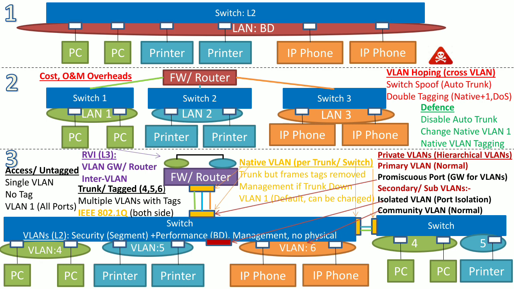And we can also enforce the native VLAN tag on the trunk port. It means that both ports on both sides of the trunk link will now expect that the traffic, even that destined for the native VLAN, would have a tag.